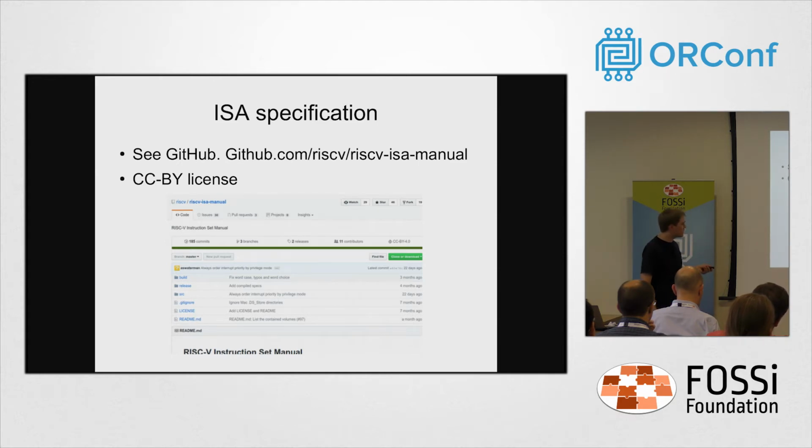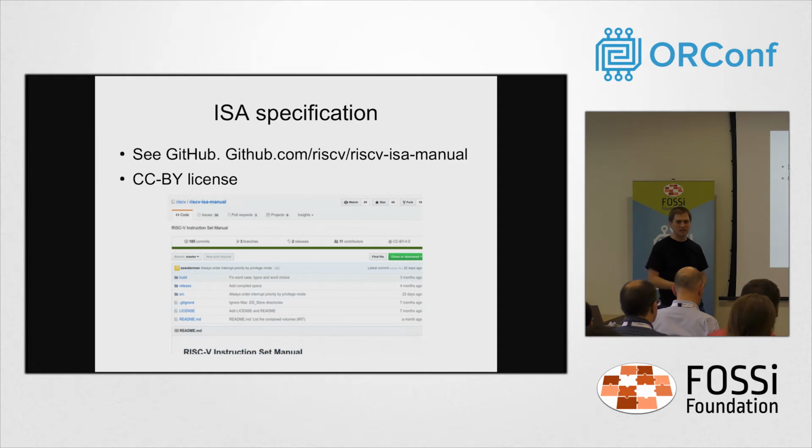So first of all, the ISA specification itself is an openly licensed document, and it's up on GitHub. I wanted to underline that because it wasn't true at the very start. So it wasn't clear how people could go and contribute to it, even if it's simple things such as cleaning up grammar in English or fixing typos. Anybody can go onto GitHub and fix up these sorts of issues.